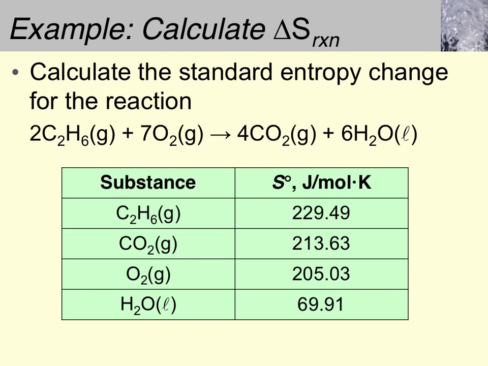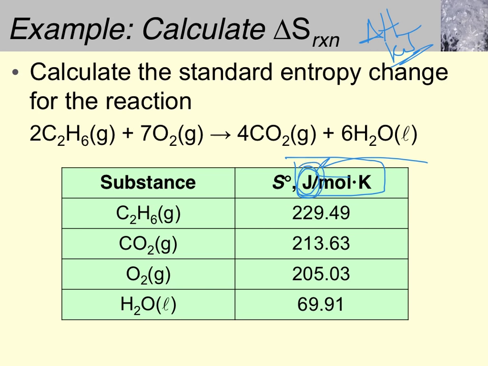Let's do an example for entropy. I want to point out something. I'm thinking of all the pitfalls that students fall into. Look at the units for entropy. You probably didn't even pay attention to units for enthalpy. But enthalpy values are almost always given in kilojoules. Entropy, on the other hand, because the values are quite a bit smaller, are almost always given in simply joules, not kilojoules.